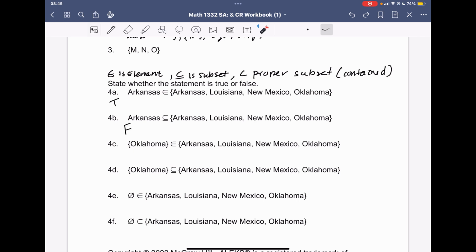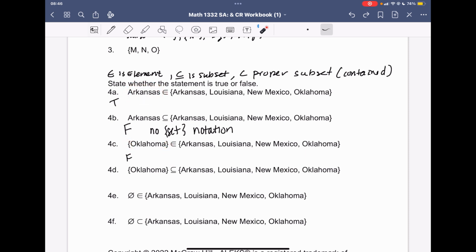And then it's asking if the set Oklahoma is an element of this set, and that's going to be false as well. The reason it's false is because elements don't have that set notation around them.